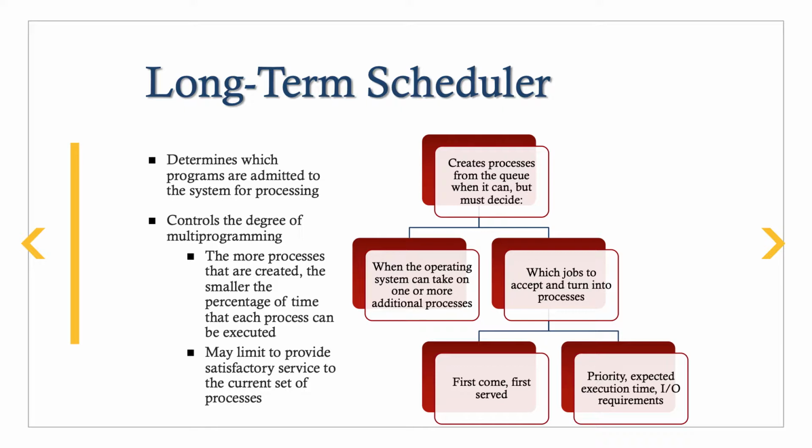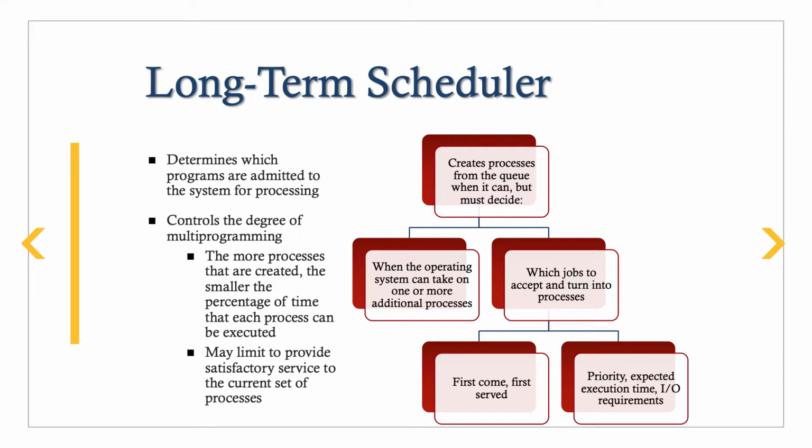So we might have to limit that to make sure that the current set of processes get satisfactory service. So the long-term scheduler creates processes from the queue when it can, but there's this little decision tree that it has to go through, right? We have to decide when the operating system can take on additional processes.